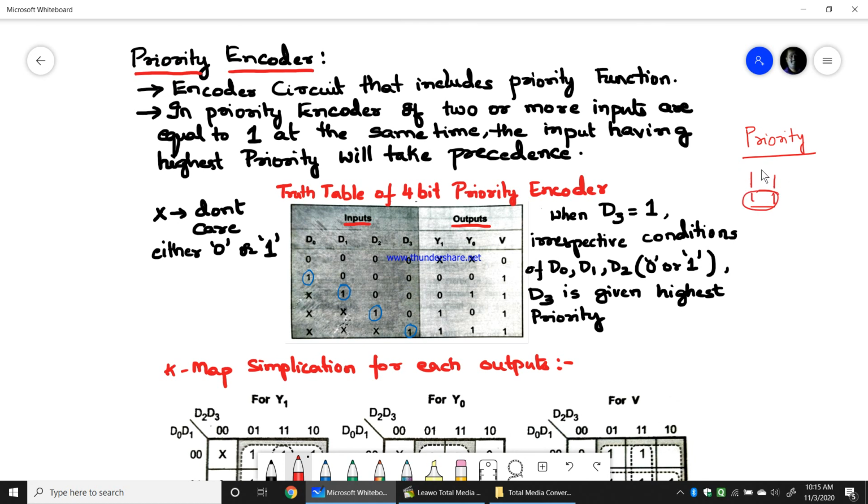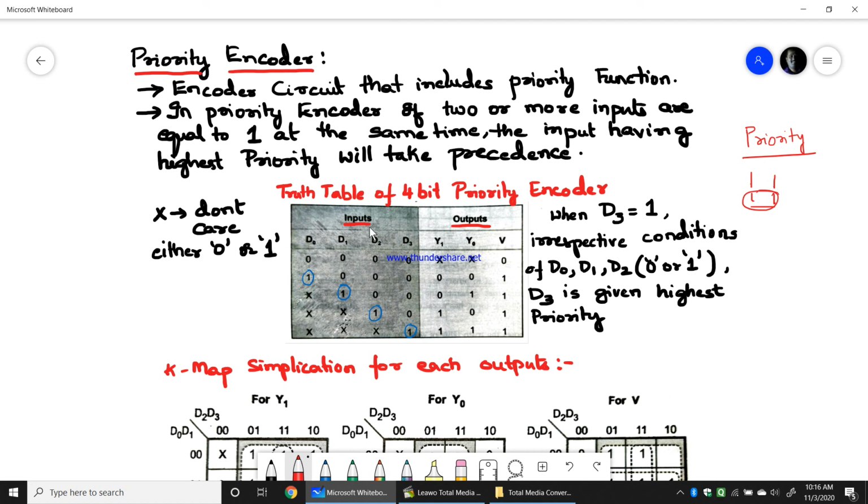I can't take both the inputs to the output. I can take any one input to be considered and given to the output. Therefore, priority will be given out of these two. That is what priority encoder is all about. So the input having highest priority will take precedence. Whichever input has highest precedence, that will be taken, means priority is given to that input.